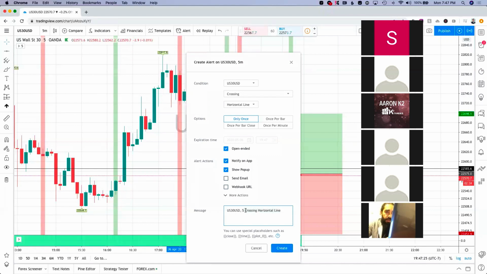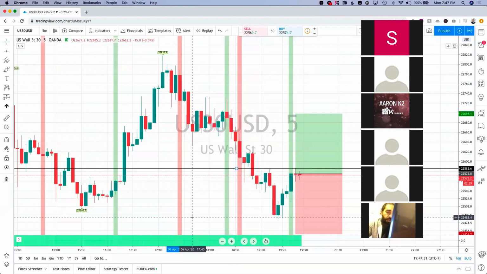So I just put something like US 30 profit. And then I pretty much just wait for it. Because once it moves in profit, then it's cool. Then I move my stop loss into profit, and I have nothing to worry about at that point. Just a matter of time.